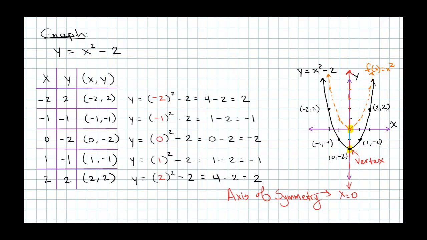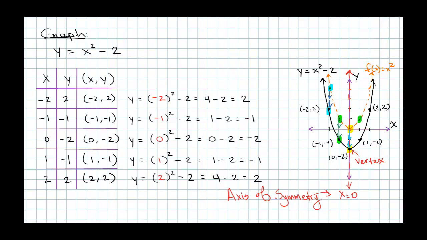Now my vertex is at 0, negative 2. That vertex was shifted downwards 2 spaces. And this point right here I highlighted in green looks like it got shifted down 2 spaces. And this point up here I highlighted in blue, it looks like it got shifted downwards 2 spaces as well.